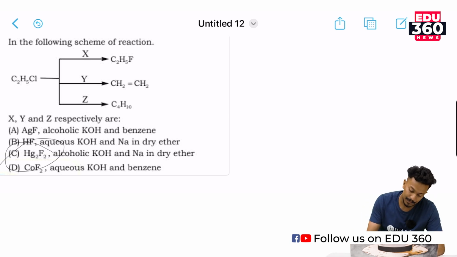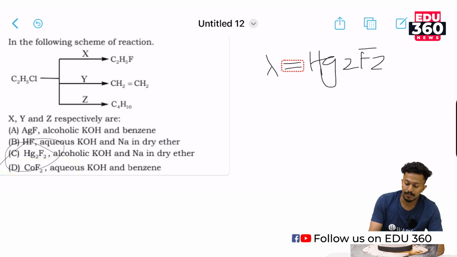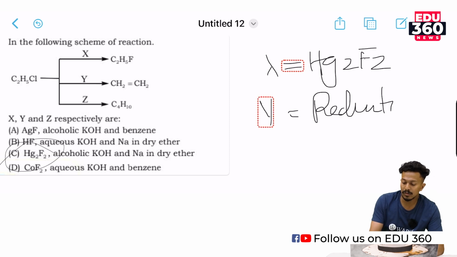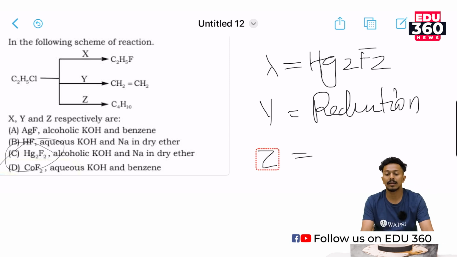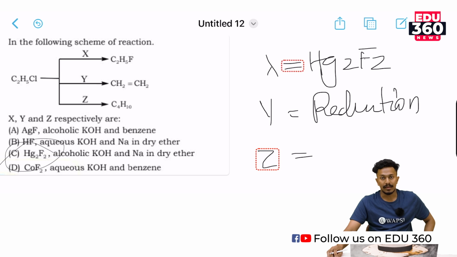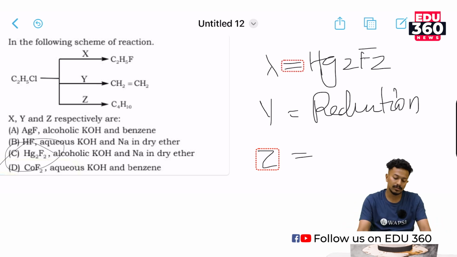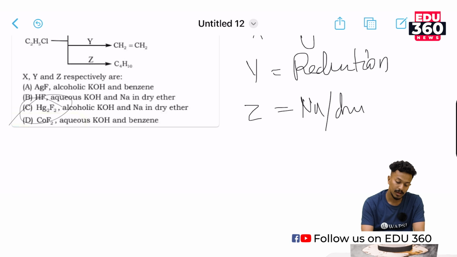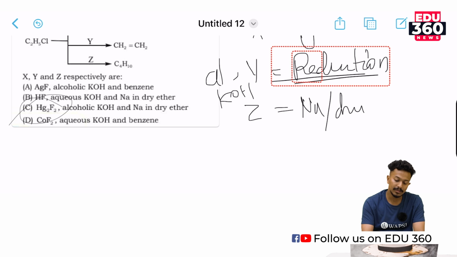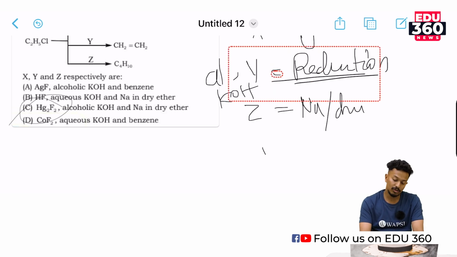So X is Hg2F2, Y is alcoholic KOH, and Z is nothing but sodium in dry ether, the Wurtz reaction.